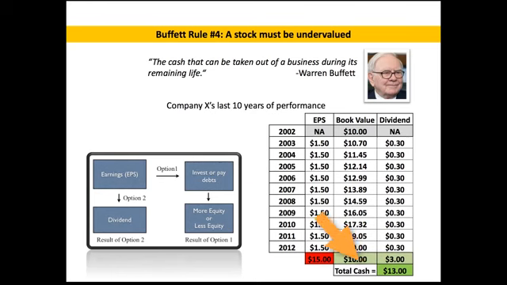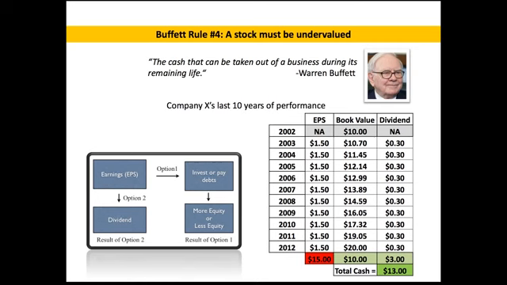You can see the book value grew by 10, and then we summed up all of our dividend payments, and that comes to $13 when we total those. So over a 10-year period, we essentially lost $2 just through the system that this company was operating. Even though that profit was made, it slipped through the cracks of the system, and you lost $2 in actual money that should have gone into your pocket.